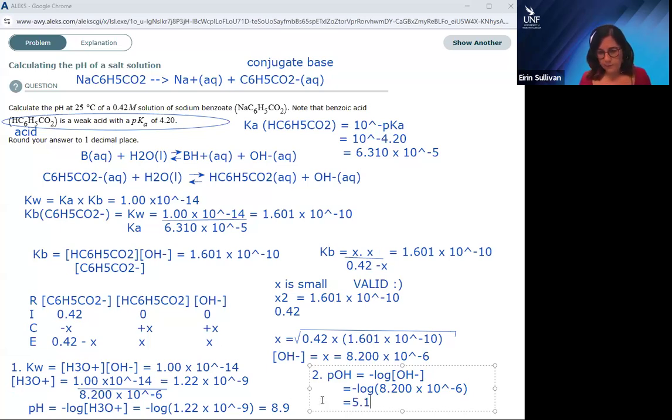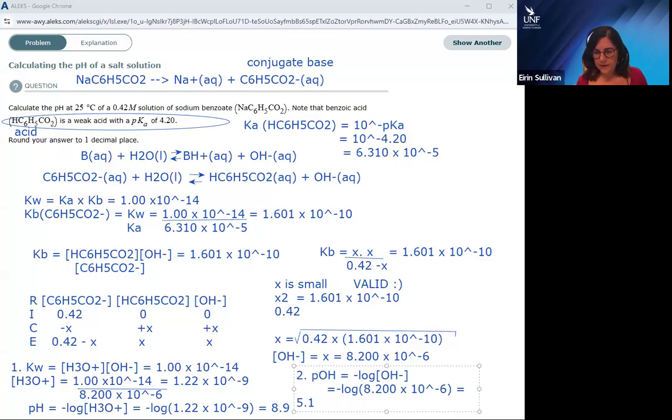Dead giveaway is that if it was a pH, that would be acidic, and we know we're dealing with a weak base, aren't we? So I'll scooch this over a little bit, make it fit. So then we have to use pKw, which is pH plus POH equals 14. So we just have to subtract that number, right? So pH is going to be 14 minus 5.1, which is going to give me that 8.9.